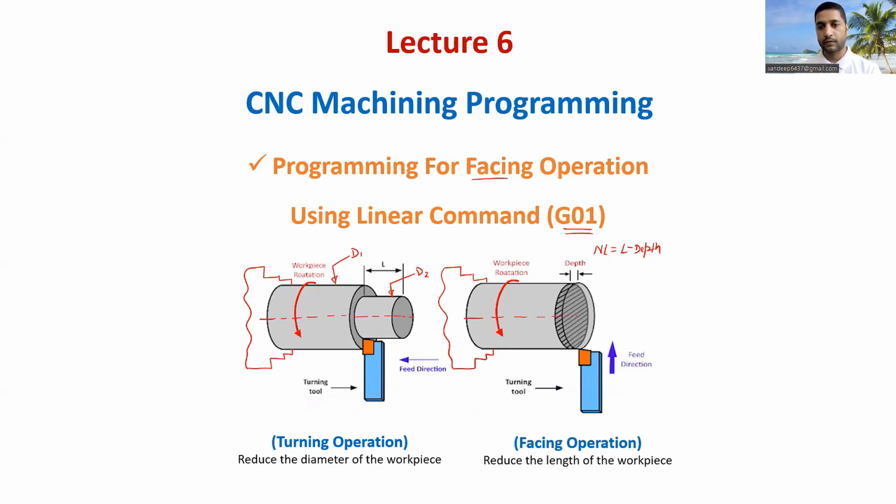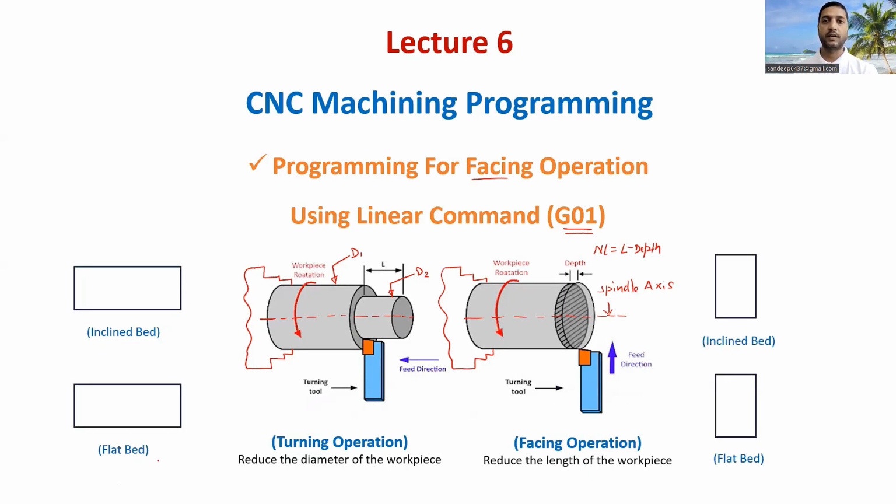Similarly here, this is the axis of the spindle. When the feed direction is parallel to the axis of the spindle, that operation is called turning operation. And when the feed direction is perpendicular to the axis of the spindle, that operation is called facing operation. I hope it is now clear what turning and facing are with respect to feed direction.